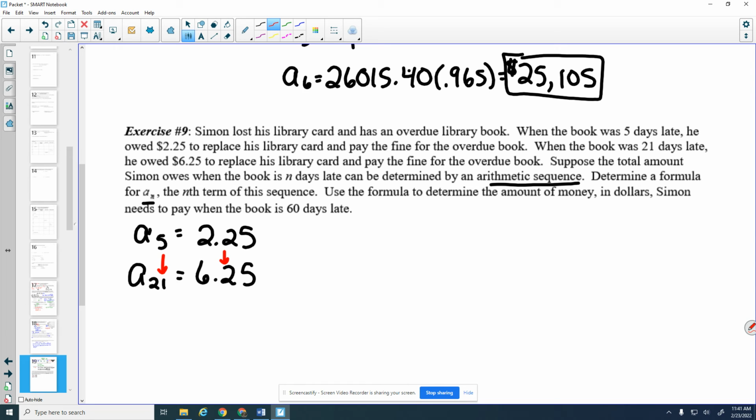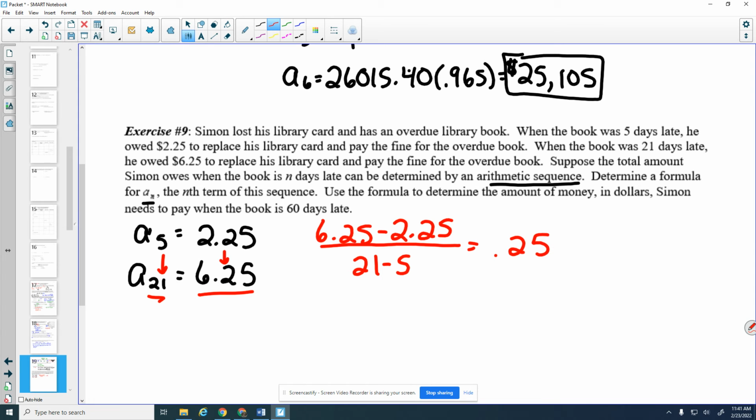But just to make it easier, if we think of this as points, y2 minus y1. So I'm going to subtract my results or outputs over x2, which is 21, minus x1, which is 5. That's going to give me my d value, which I could think of as a slope, because d is really just a different name for slope when we're working with sequences. So that's 0.25.